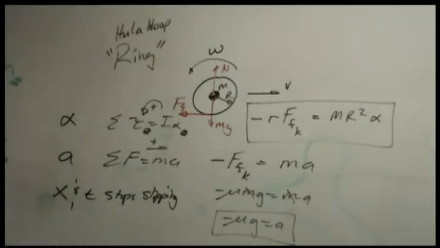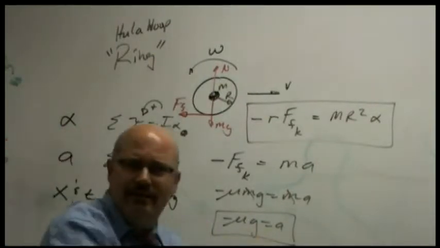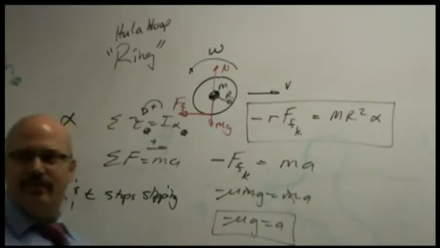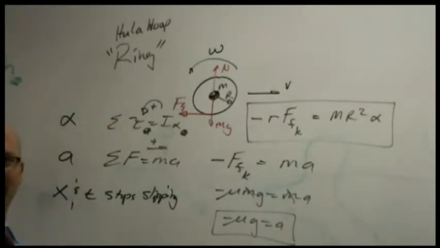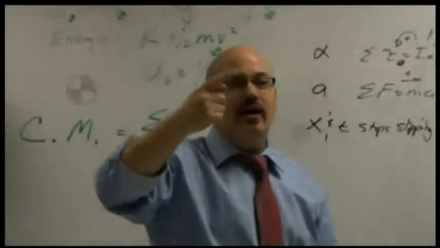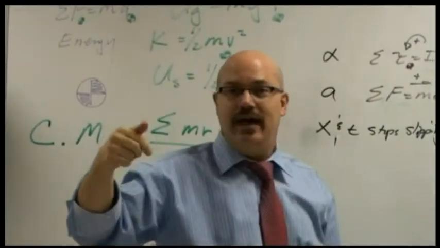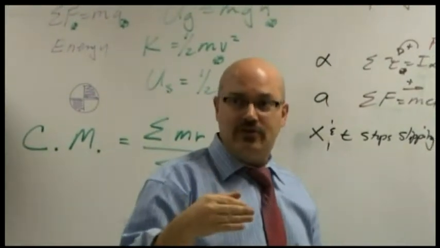The friction is de-spinning it, so alpha has to be negative. The angular velocity is not getting bigger as it slides across the table. It's getting smaller because of friction.